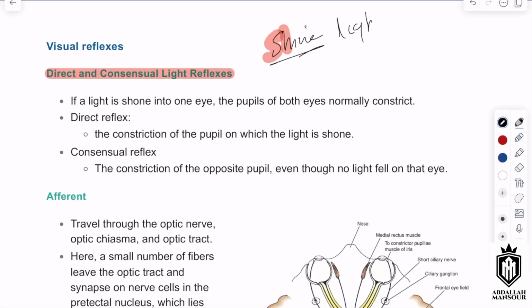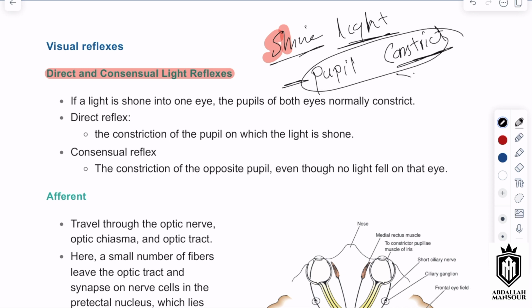So direct and indirect reflex, this is basically when you shine light on one eye, the pupil will constrict, will become small. But it will constrict on the eye that you shined the light on, so ipsilateral, and also the other eye as well. So the ipsilateral constriction of the eye that you shine some light on is called direct reflex.